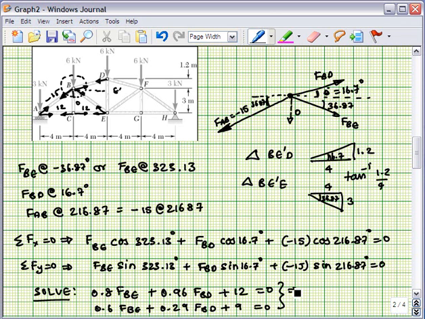If you solve these two things, you will get FBE equal to minus 0.714 kilonewtons. FBD is minus 11.93 kilonewtons.